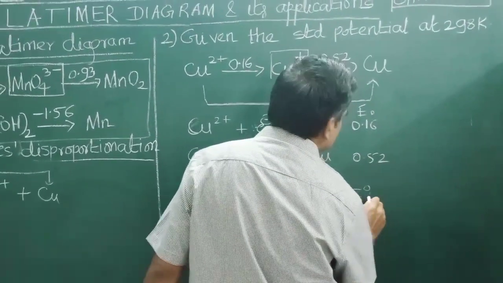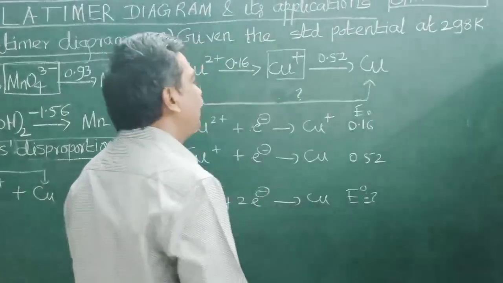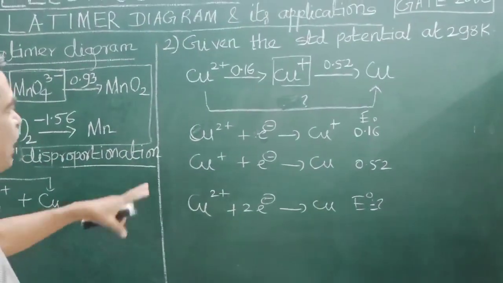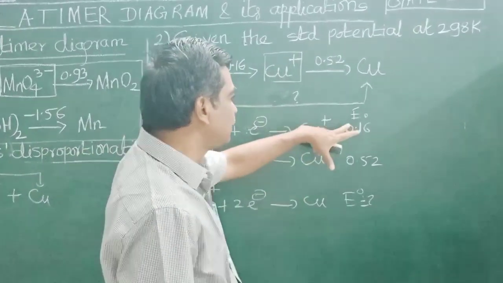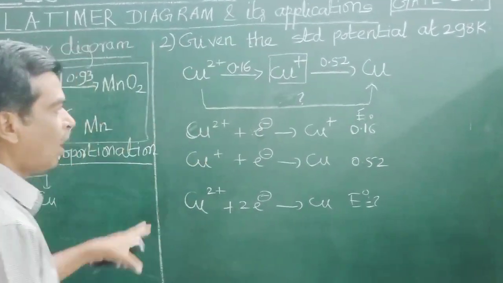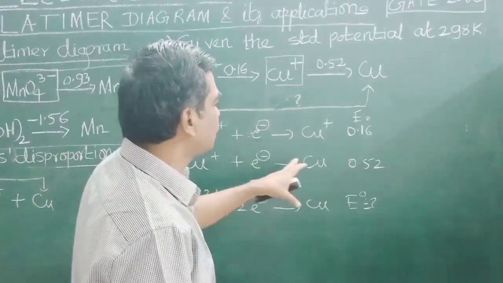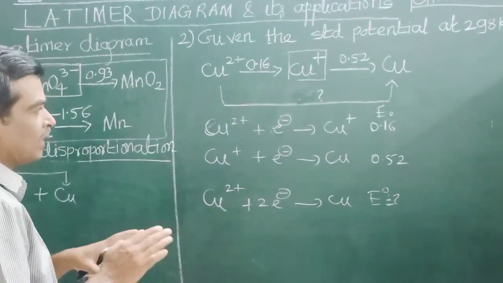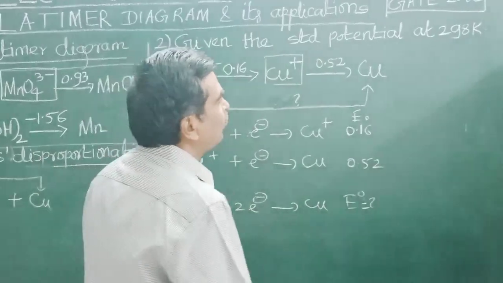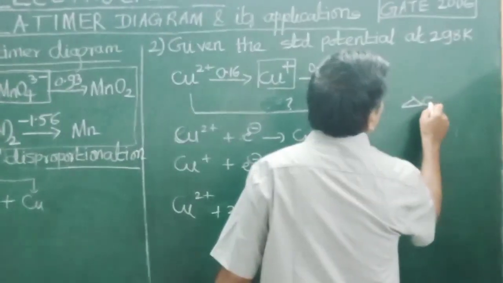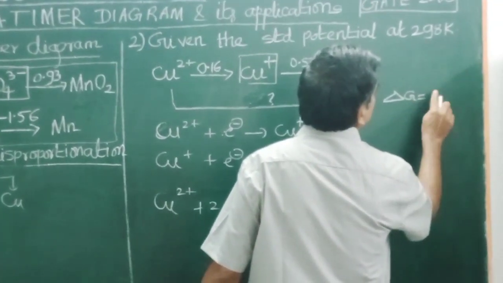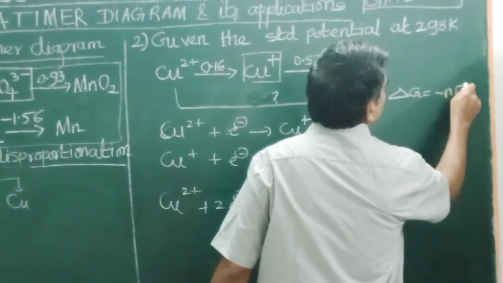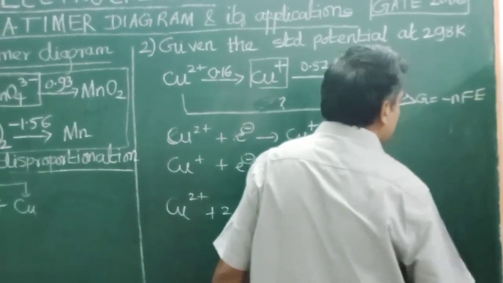They have asked this. We cannot calculate by simply adding or subtracting the standard reduction potentials. This is not allowed because the standard reduction potential E0 is not a thermodynamic property. It is not a thermodynamic function. Therefore, we know that delta G is related to the thermodynamic function, free energy.